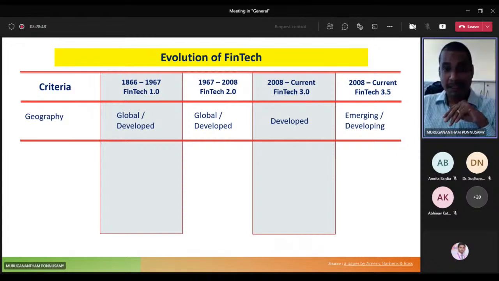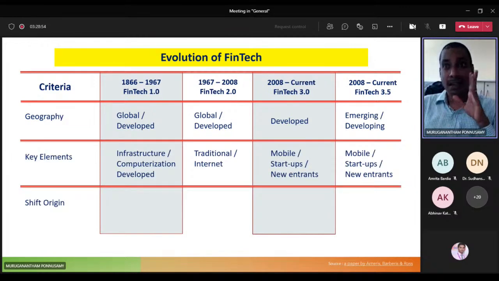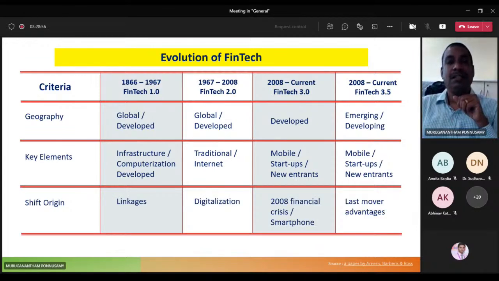Depending upon the geography, the elements, and the origin, we can classify. It starts with the linkages, digitalization, smartphones, and the latest things.